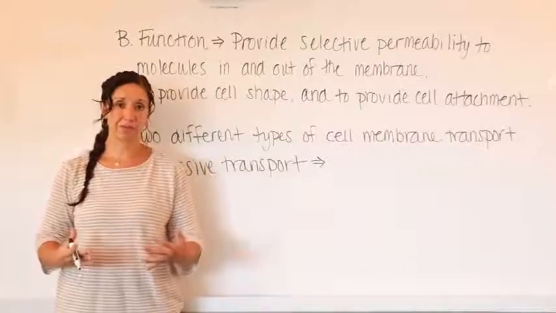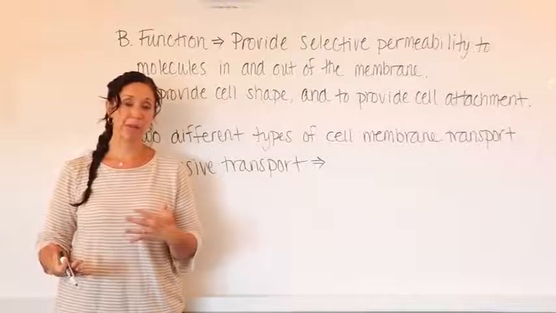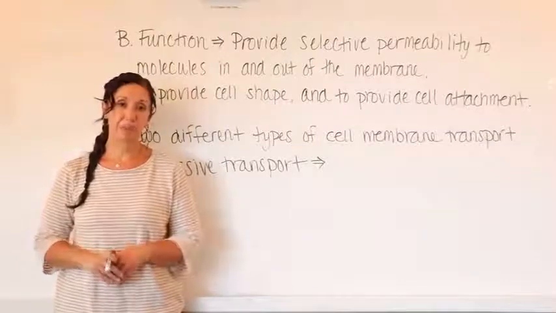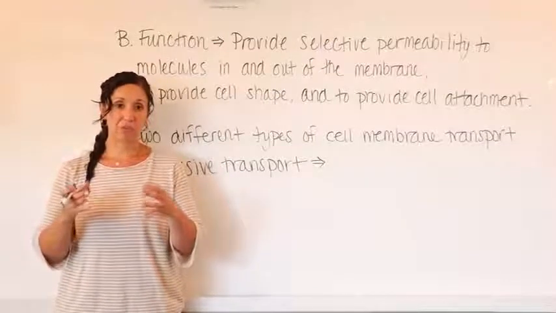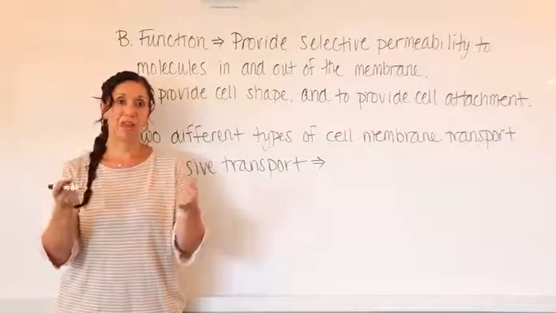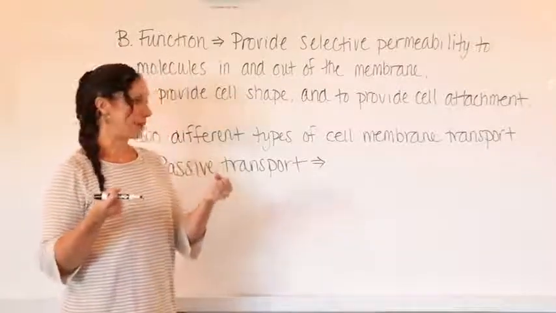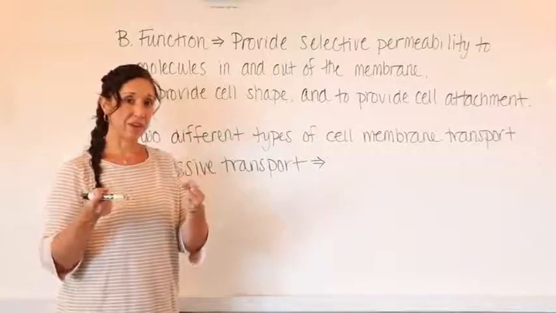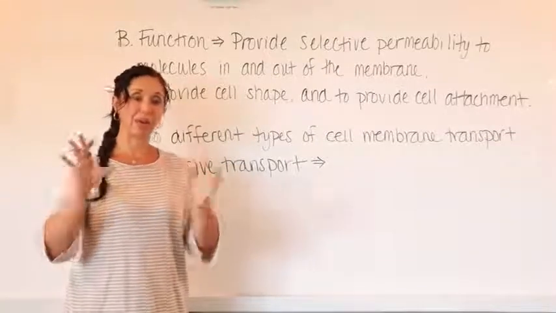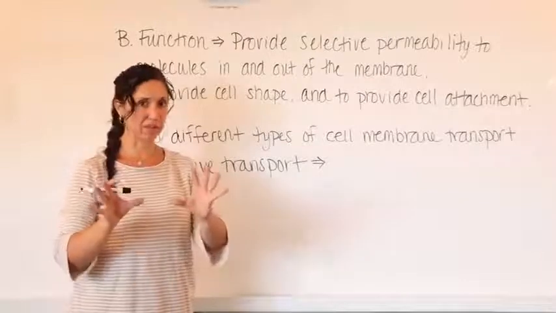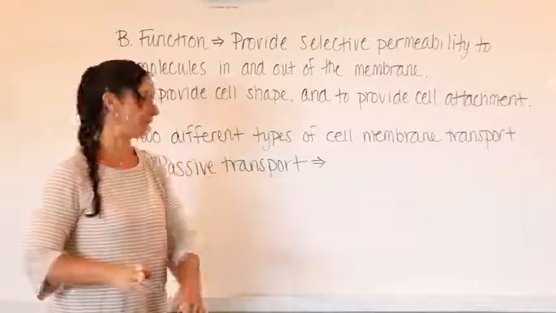So if I'm transporting something passively across the cell membrane, I'm essentially transporting without the use of energy. And in order for that to happen, it means that the passive transport is actually going down a gradient. Let's define this.